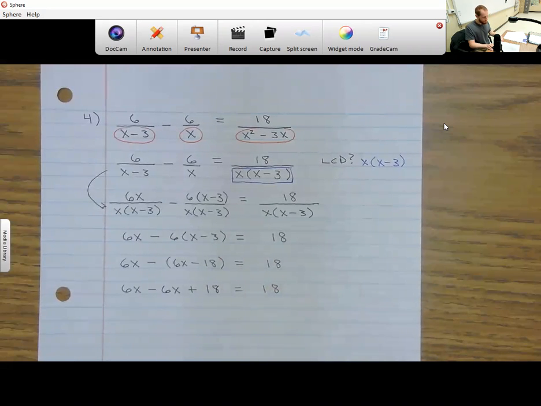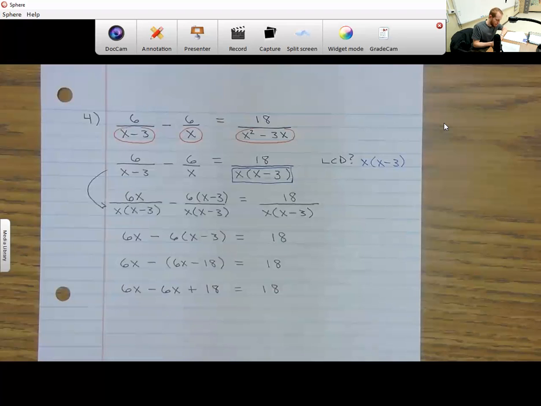Okay, so now I have a situation where the x terms all end up on this side, and I still have an 18 on this side, but I'm not going to change that yet. I do know that 6x minus 6x is going to cancel the x terms out.